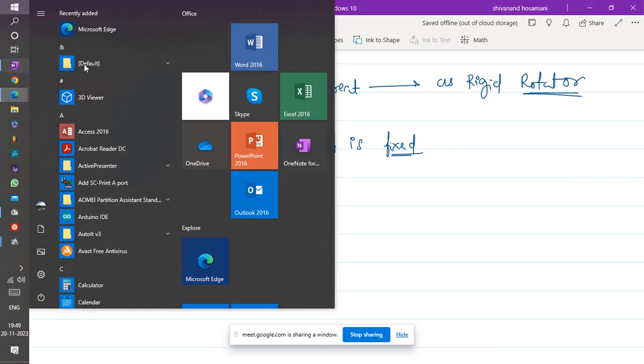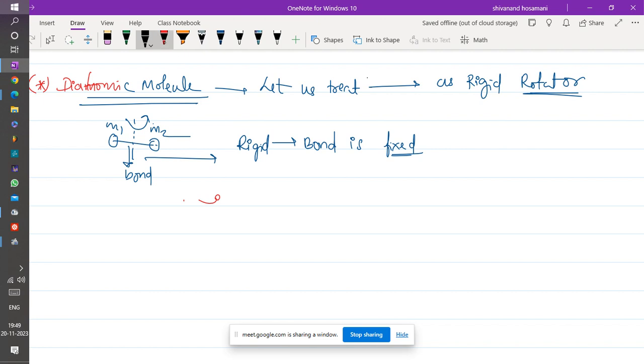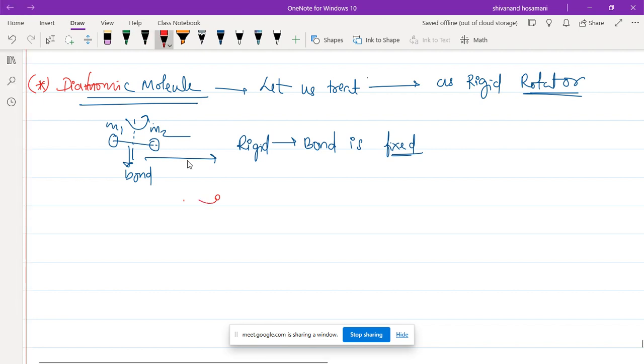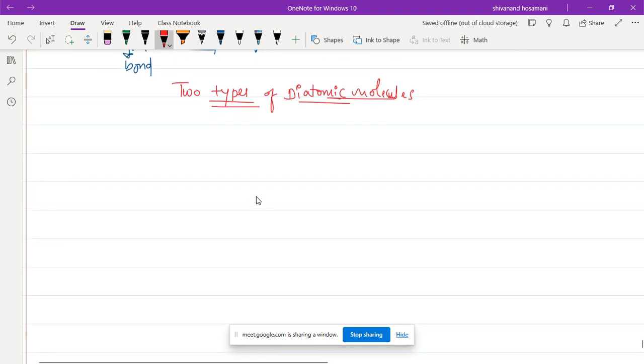Yes. So what I was defining, there are two types of diatomic molecules: one is polar molecule, another one is non-polar molecule.